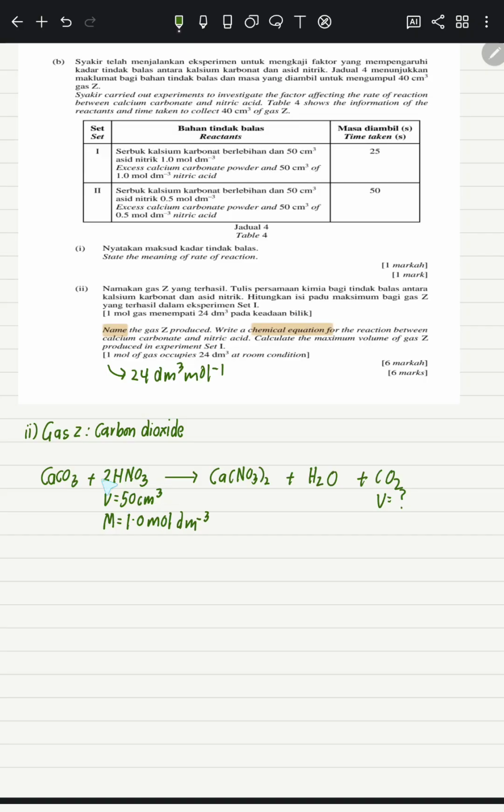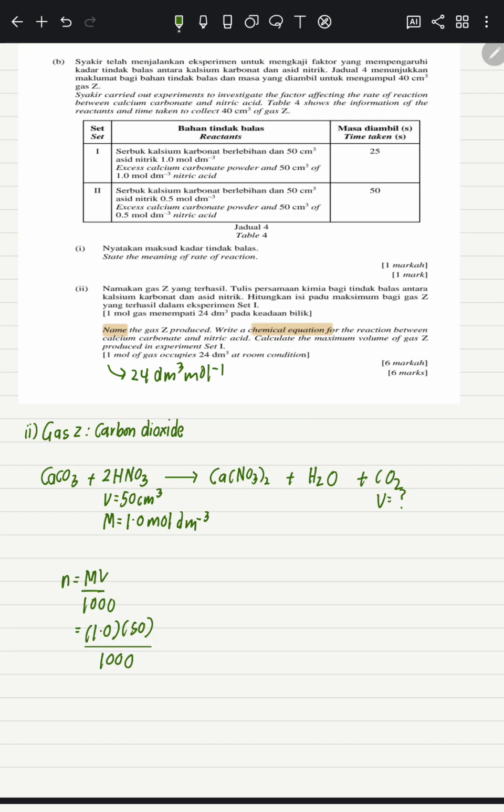So you have to start by calculating the moles. How to get the moles? You have molarity and volume, so you must use n equals MV over 1000. Then your molarity is 1.0, your volume is 50, then you divide by 1000. Why do I divide by 1000?